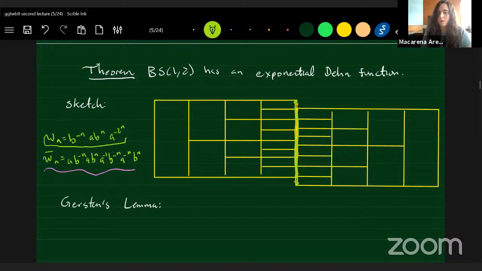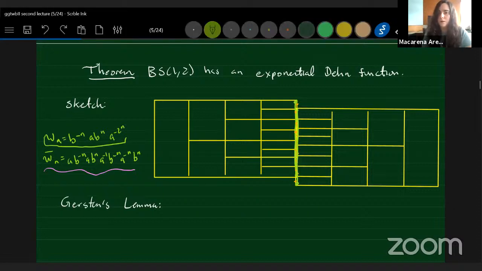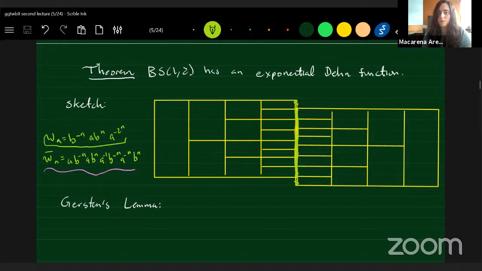This diagram still has an exponential amount of area. It still has all of these 2 cells here. So we have an exponential amount of area because of these 2 cells. But now we no longer have an exponential length to the boundary, because we got rid of that by gluing these 2 copies of the diagram together.